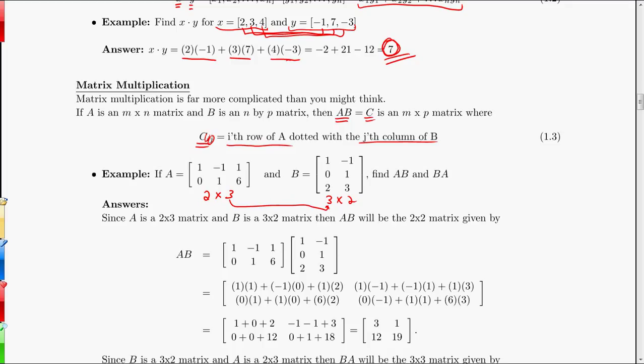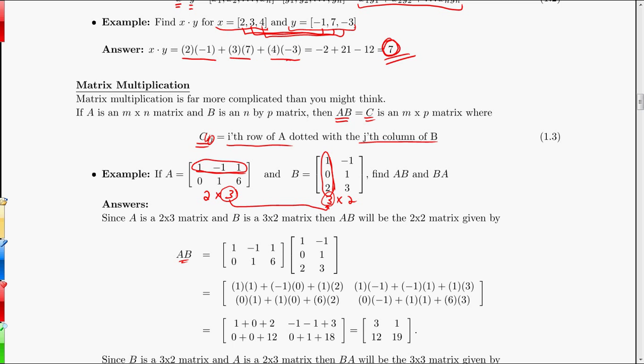You'll see why, because the first term in AB is going to be the first row of A dotted with the first column of B. Therefore, I need the length of this vector to be the same as the length of this vector. That means the number of columns, this 3, has to equal the number of rows, that 3.